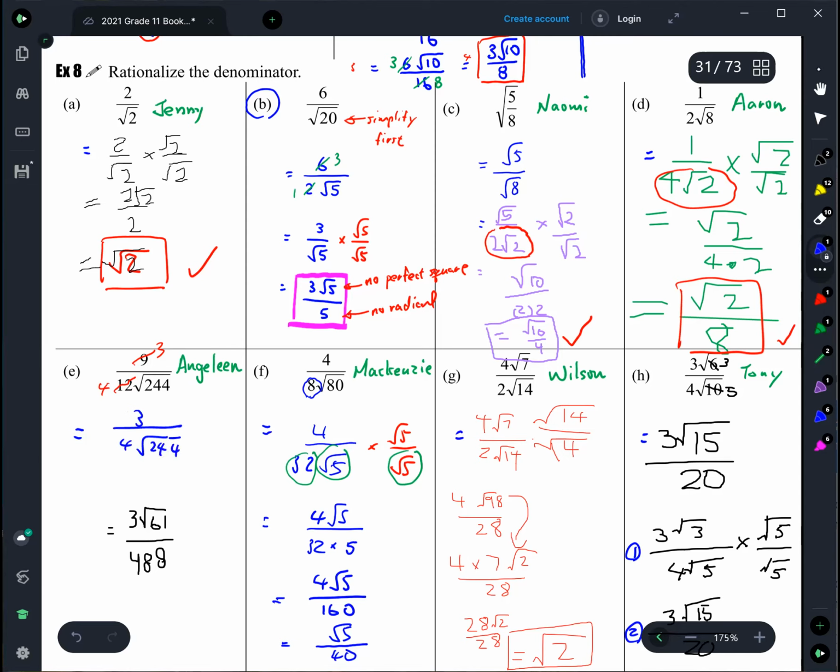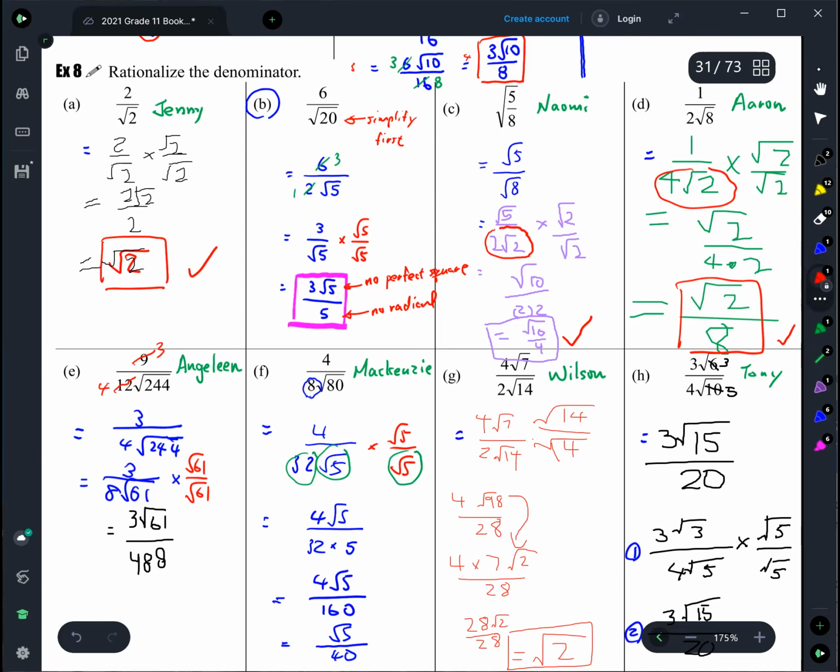And what do you do now? You reduce it more, so it's 3 over 8 root 61. So you took the 2 out, right? And then you times it by root 61, so top and bottom times root 61.